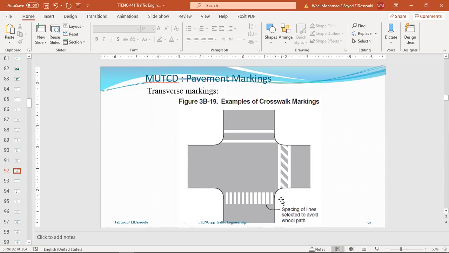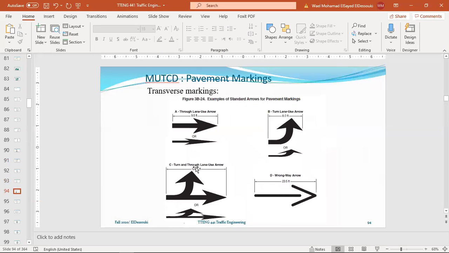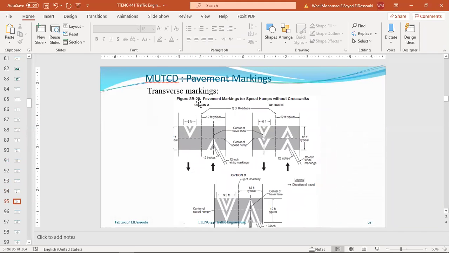The pedestrian crossing, for example, is considered a transverse marking. Parking spaces are transverse markings. Lane channelization or lane designation, standard arrows, these are transverse markings as well. Also markings for speed humps.